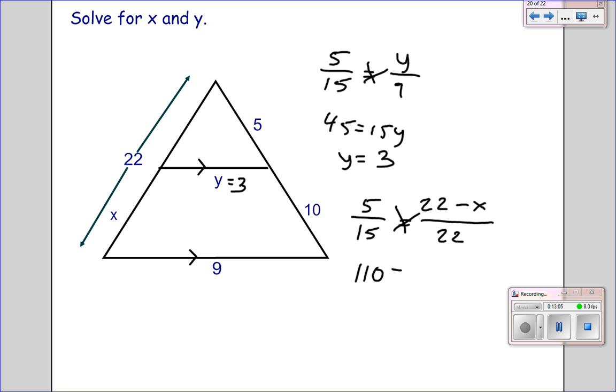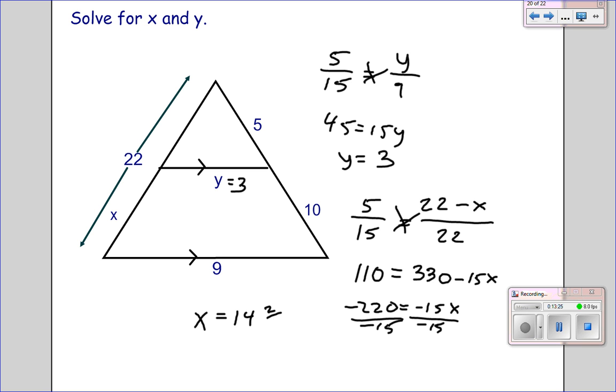You get 110 equals 330 minus 15x. Subtract 330, so negative 220 equals negative 15x. And divide by negative 15. I believe that's going to give you 14 and 2/3 as your answer for x right there.